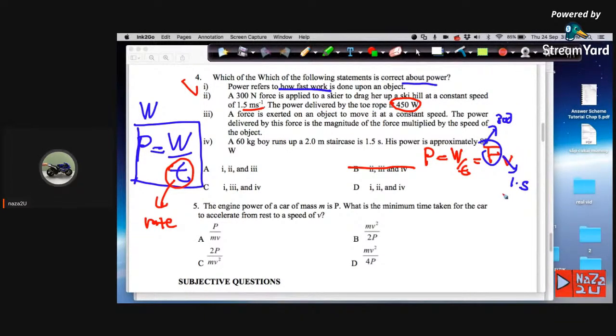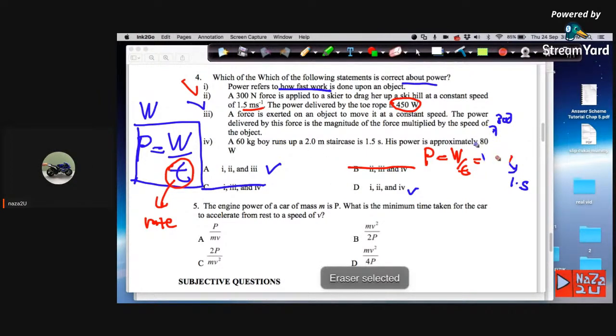If you use a calculator, 300 times 1.5, you get 450. So number 2 is correct. So 1 and 2 are correct, so C is a wrong answer. So we consider A and D.